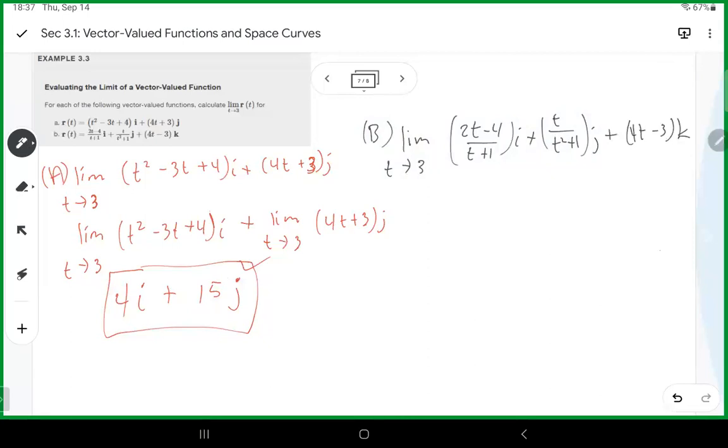So again, we can split our guys up. I guess if you wanted to, you could have put these in brackets if you wanted to be most correct. So put these in a bracket. The limit as t approaches 3.